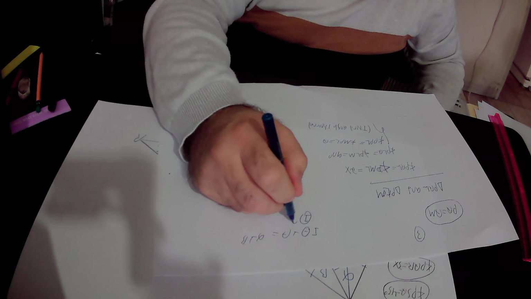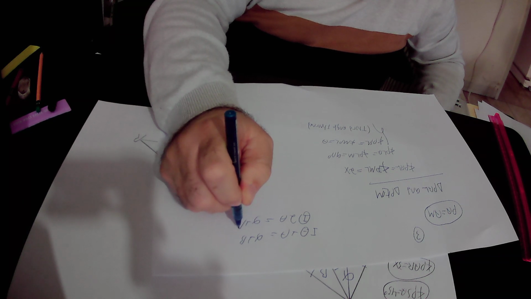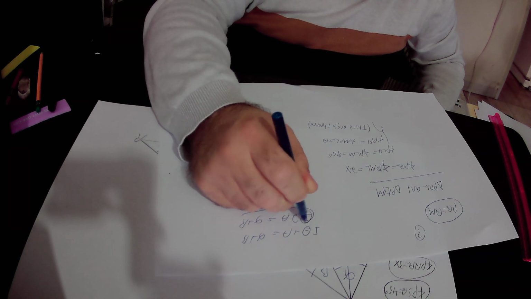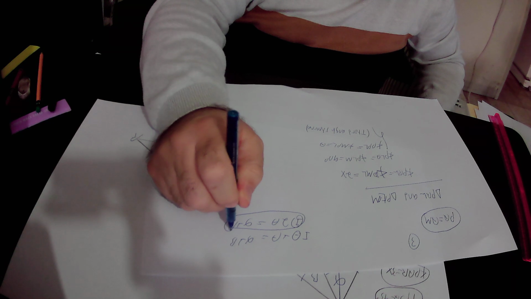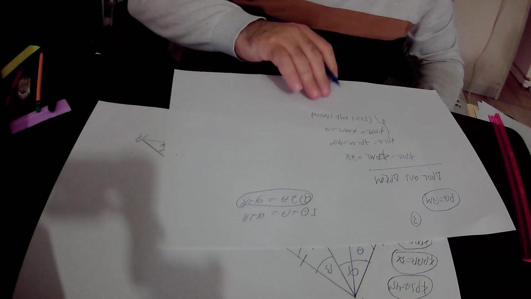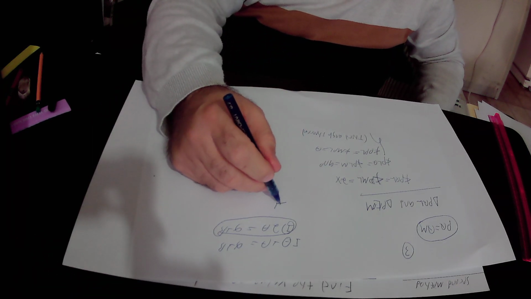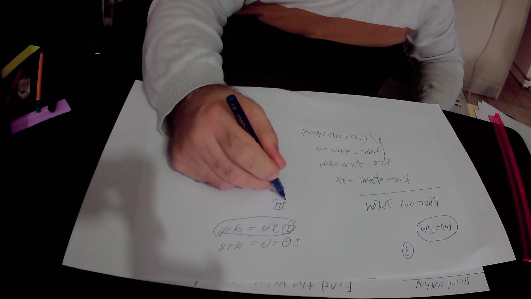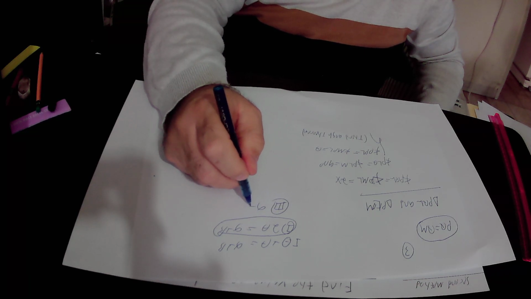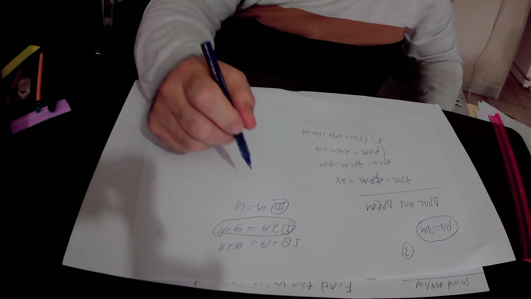Theta plus theta is 2 theta, and it equals alpha plus beta. But in the beginning of the second method, we got equation number 3 that states that alpha equals 3 beta.